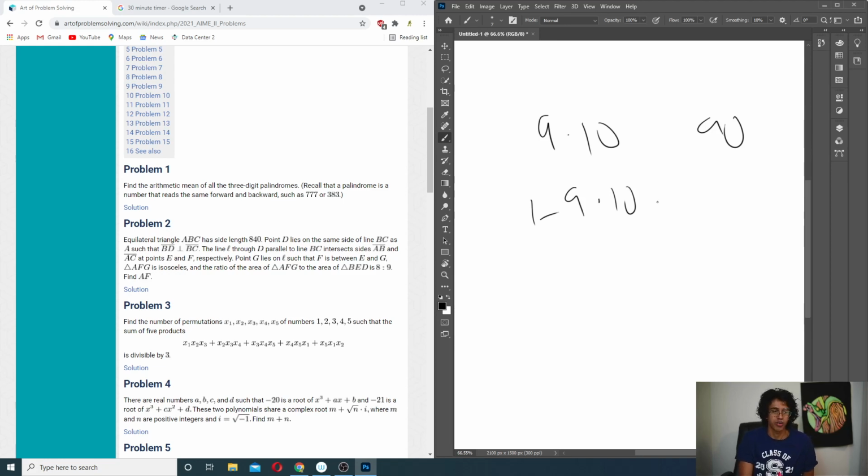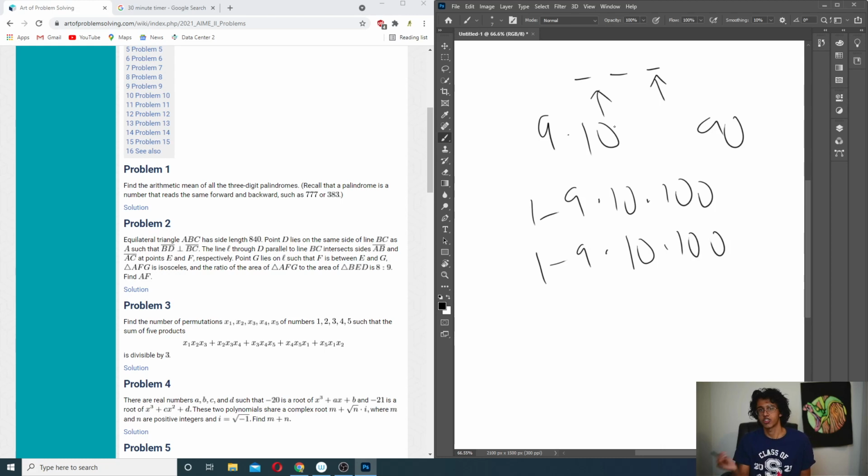So these show up 10 times, and this is times 100 because it's in the first spot: digit, digit, digit. And then we also know the last digit is going to match the first digit, so it's also 1 to 9 times 10 times 100. And then the middle digit goes from 0 to 9, and each digit is going to show up 9 times, because you're multiplying by 9.